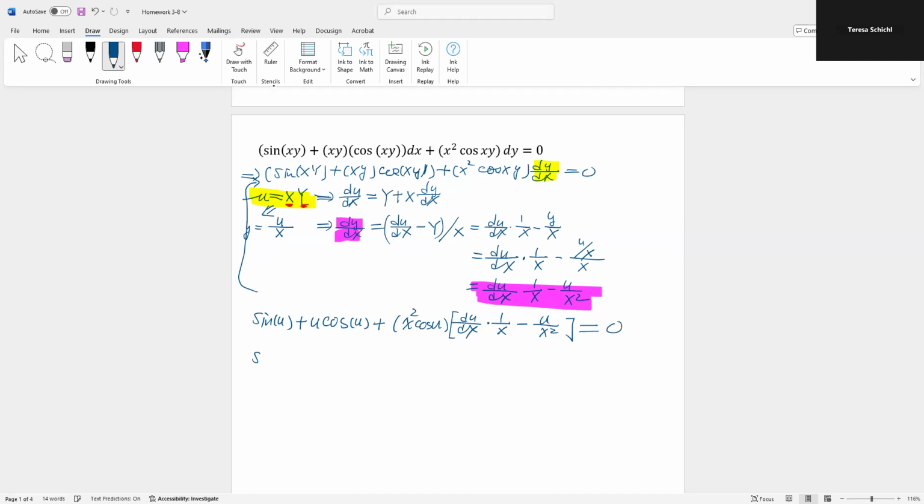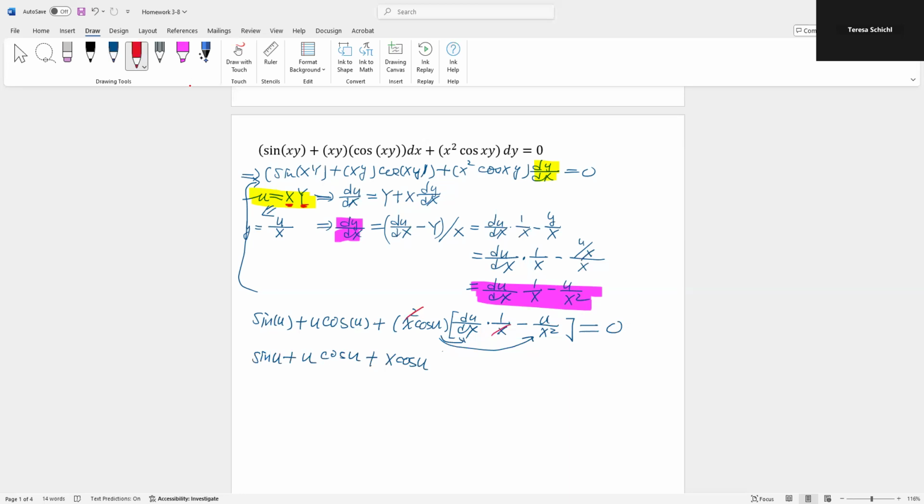Okay, so now let's continue, use my algebra, try to simplify. So it's u cosine u. Then the distributive property here: x squared cosine u du dx times it. So I will have x cosine u over x squared; see here, the x squared and the x, you can cancel that square, right?